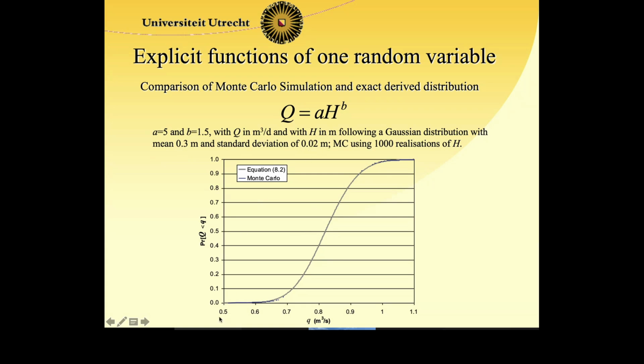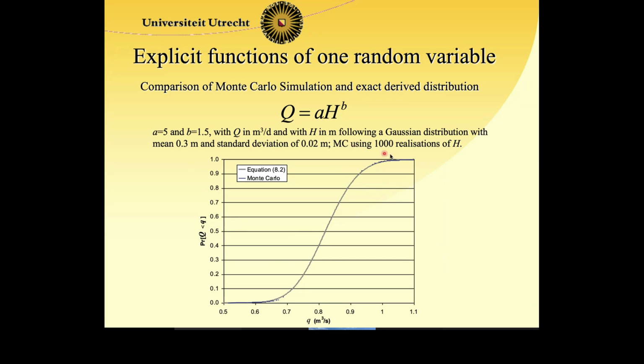So we can see the cumulative probability density function of the discharge Q. The straight line is equation 8.2 from the syllabus, that's the exact derived distribution. So this is the exact solution.